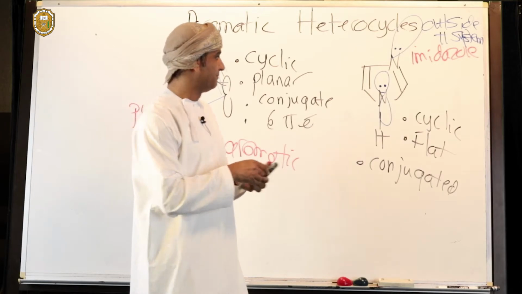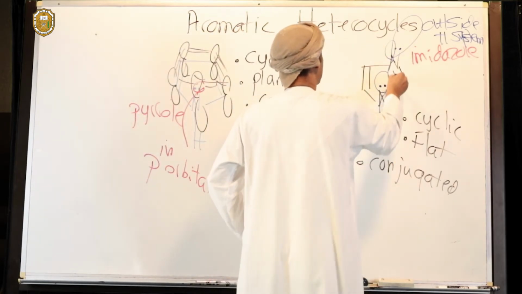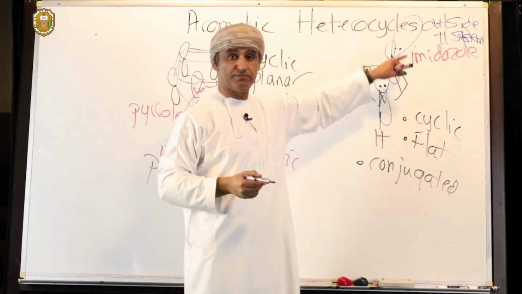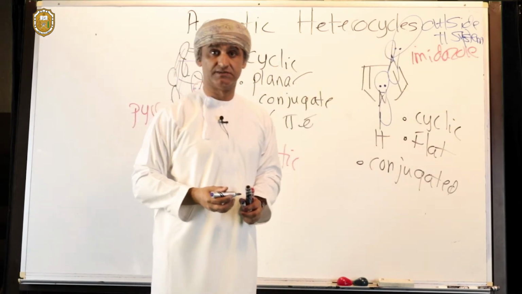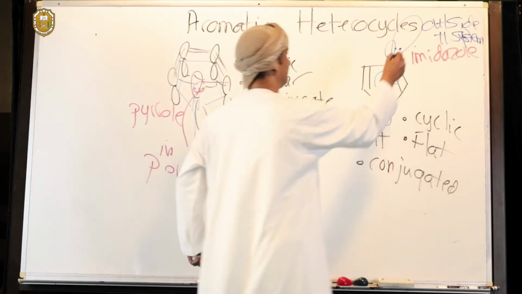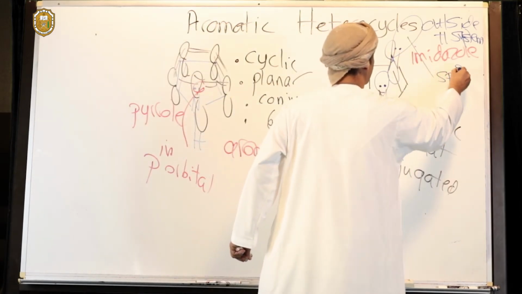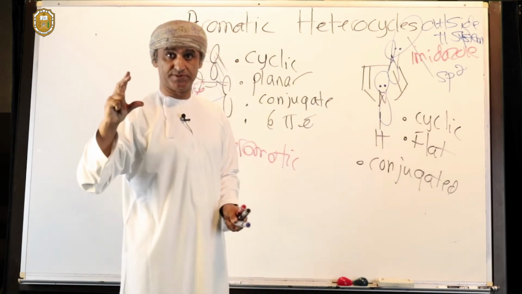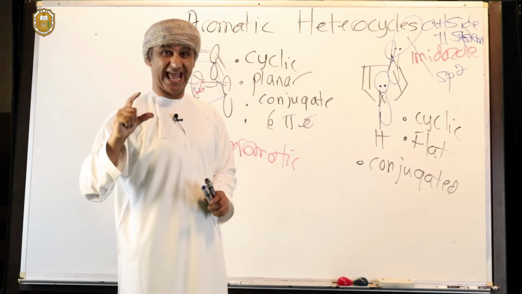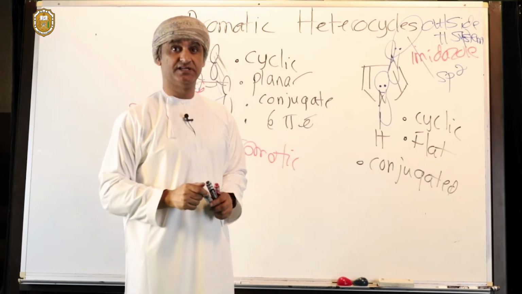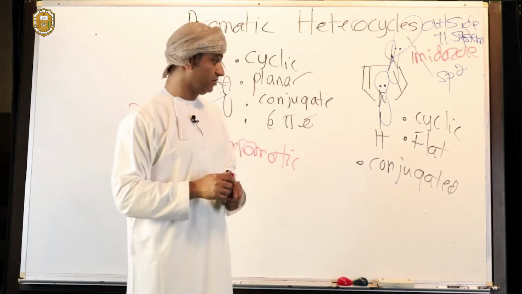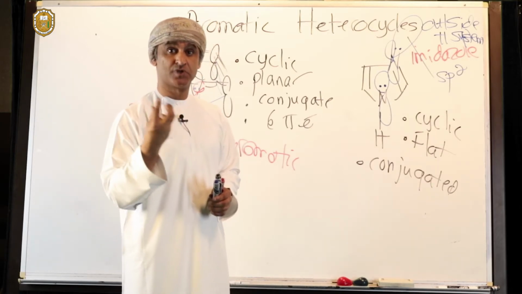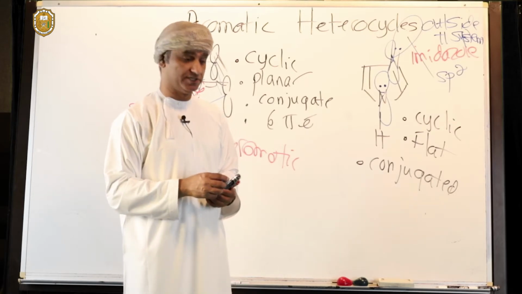But remember, that lone pair is not in the p orbital. It is outside the pi system, in an sp2 hybrid orbital. Since there is a p orbital on all atoms in the imidazole ring, imidazole is conjugated. There is cyclic conjugation inside, continuous and not disrupted.